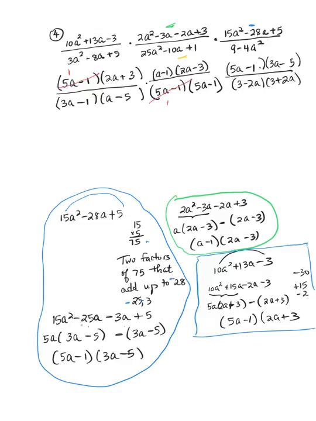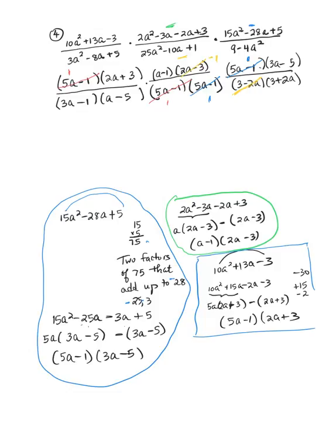We also have a 5a minus 1 here and a 5a minus 1 here. So they divide through. In addition, we have a 2a minus 3 and a 3 minus 2a, and that divides through to a negative 1.